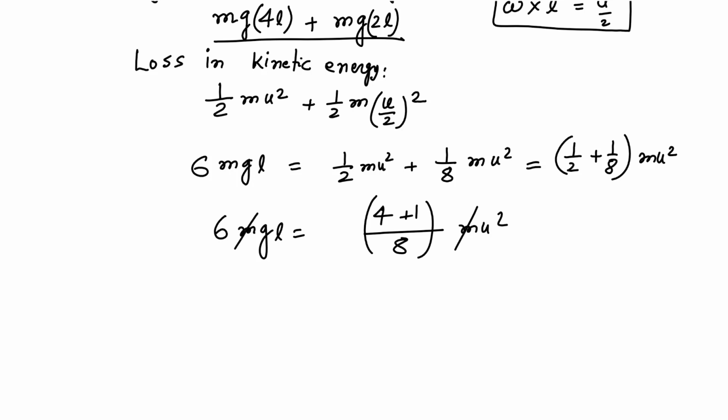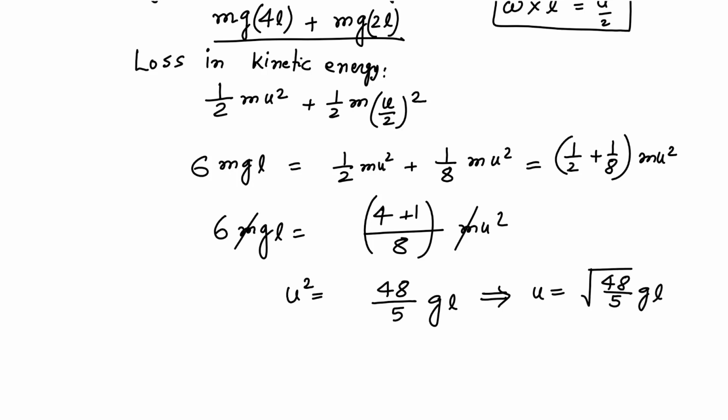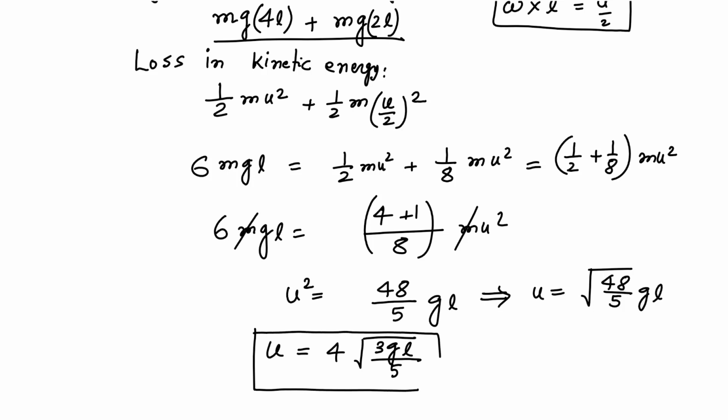M cancels out. So u square will be 48 by 5 times gL. So u is equal to the square root of 48 by 5 gL, which you can also write as 4 times the square root of 3gL by 5. If we apply this minimum velocity, then it will reach the maximum height, or it will complete the vertical circle.